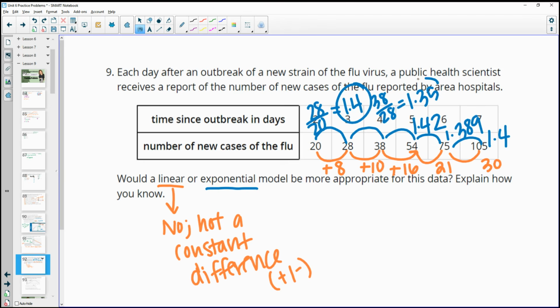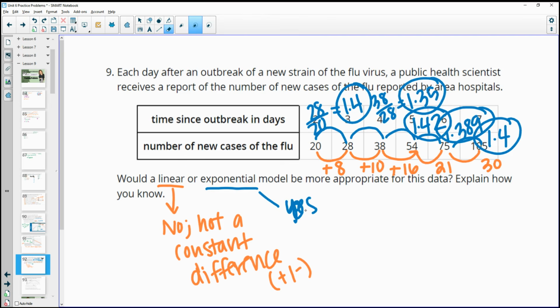So we had 1.4, 1.35, 1.42, 1.39, and 1.4. So it's not exactly exponential, but when you're using data, it's never going to be exact, but it is closer than this change in the differences. So I would say yes to exponential. I would say exponential is more appropriate.